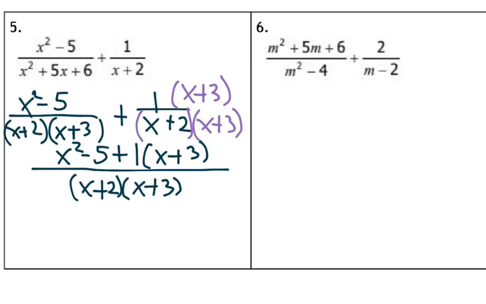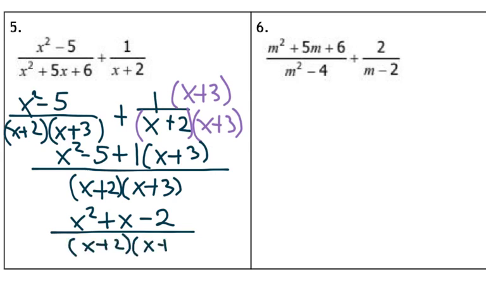Okay, multiplying by 1 gives you the same expression. So now we're going to combine like terms in the numerator, which will give me x squared plus x minus 2 over x plus 2, x plus 3.